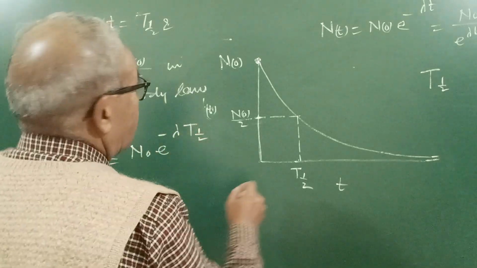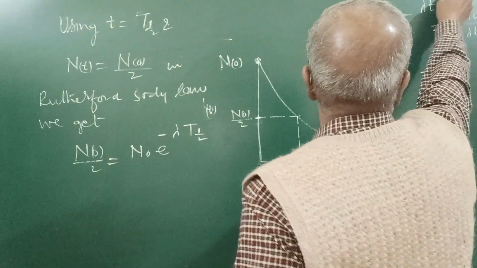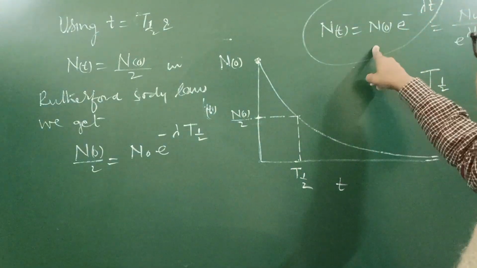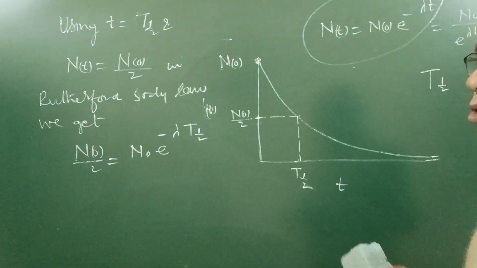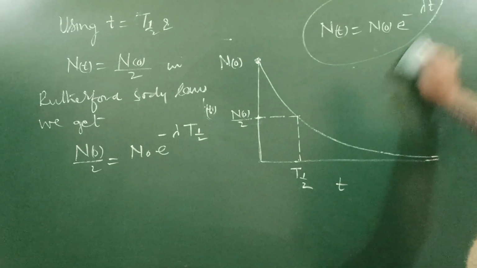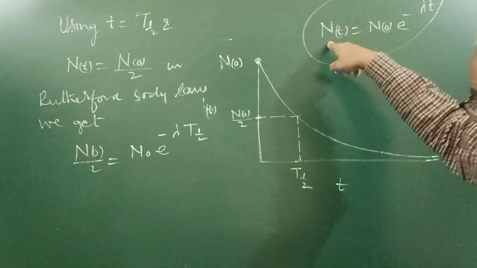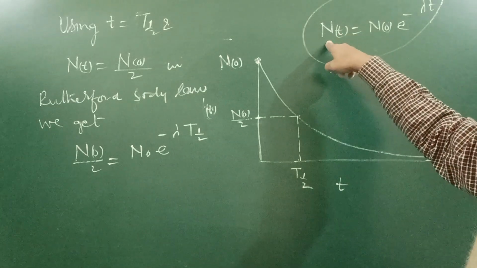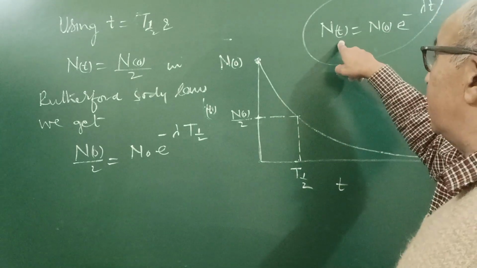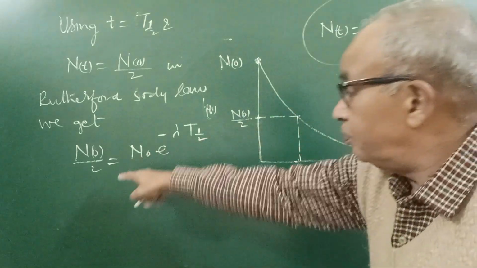Our equation N t equal to N0 e to the power minus lambda t is called the Rutherford-Soddy law. Because we are going to define t half, the half-life period, in the half-life period N t will be left N0 by 2.